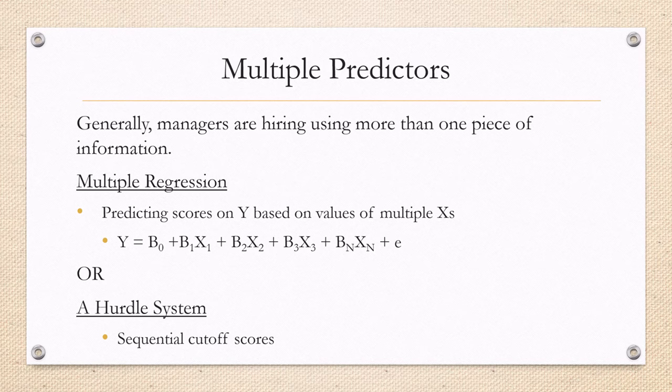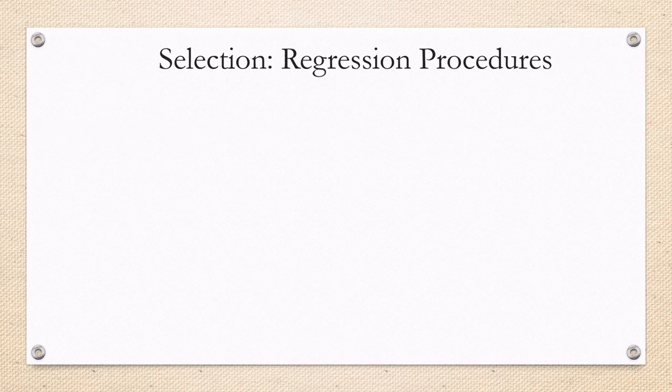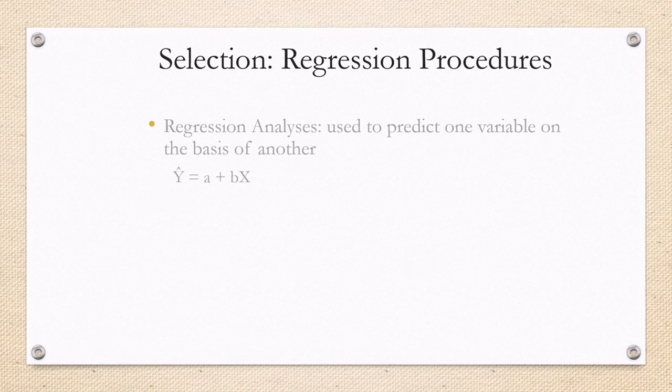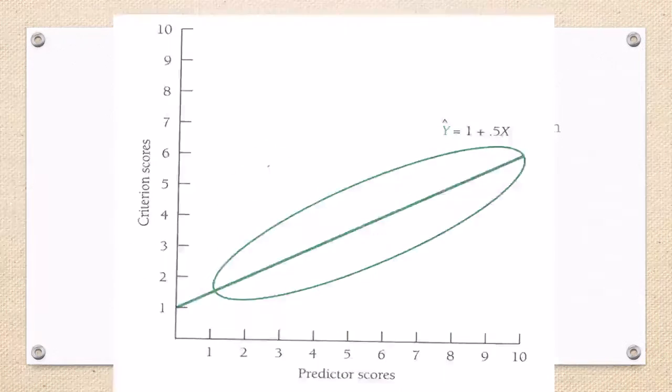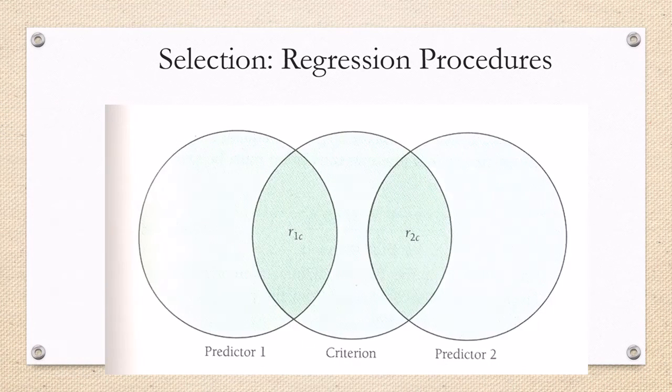So when we have multiple predictors, the predictability of the full system depends on the predictive power of each predictor and the relationship between them. If predictors are unrelated, they predict separate portions of the criterion. If they are highly related, they predict overlapping amounts of variance.